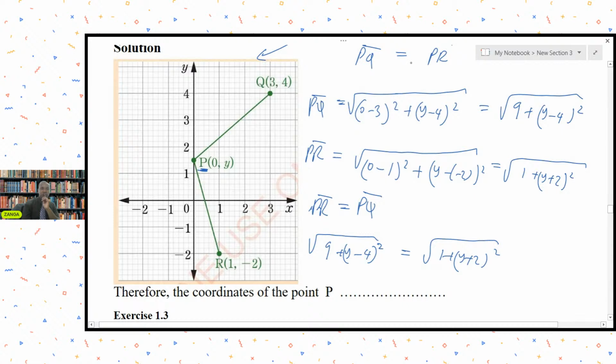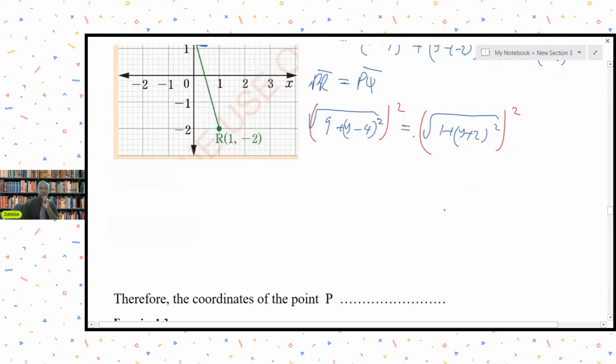So you're going to square both sides actually. And when you square, dear students, what comes now is you'll be having 9 plus y minus 4 square equals 1 plus y plus 2 square.